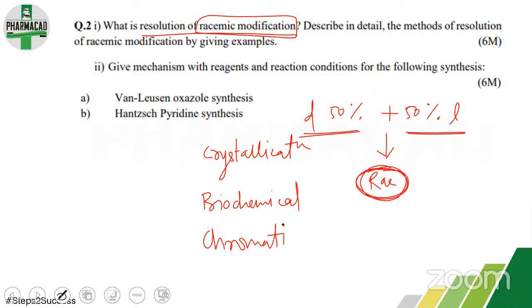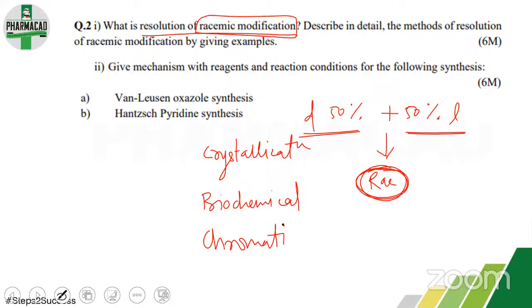The different enantiomers have different stability on that particular adsorbent, and each enantiomer is held differently by it. Those which bind loosely with the adsorbent will elute first. On the basis of elution, we are able to separate the dextro and levo enantiomers from the racemic mixture.